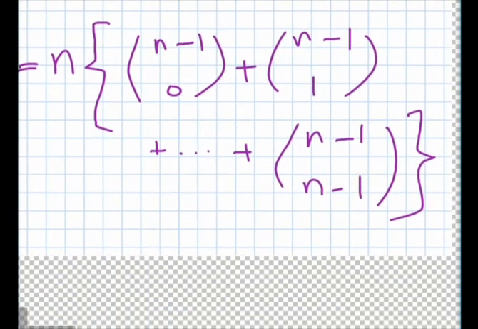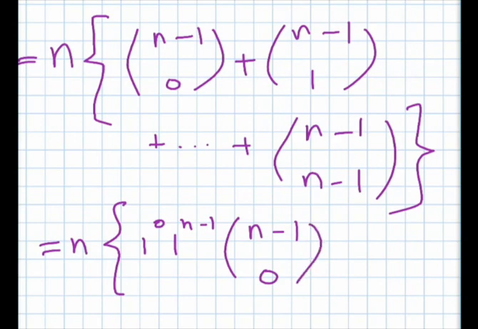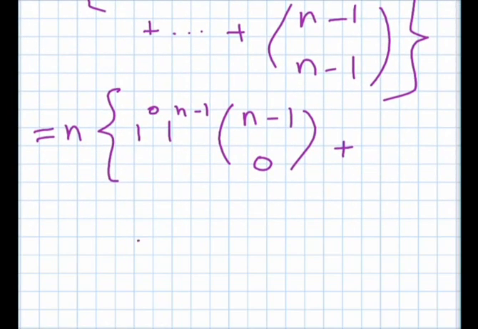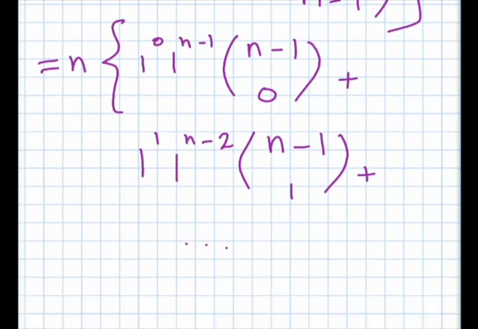Now this is what I can say: n times 1 to the 0 times 1 to the n minus 1 times n minus 1 choose 0, plus 1 to the 1 times 1 to the n minus 2 times n minus 1 choose 1, plus, and my last term will be 1 to the n minus 1 times 1 to the 0 times n minus 1 choose n minus 1.